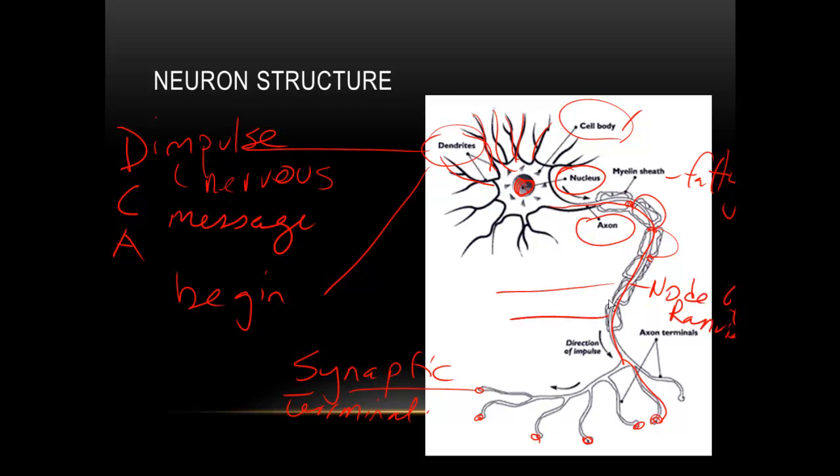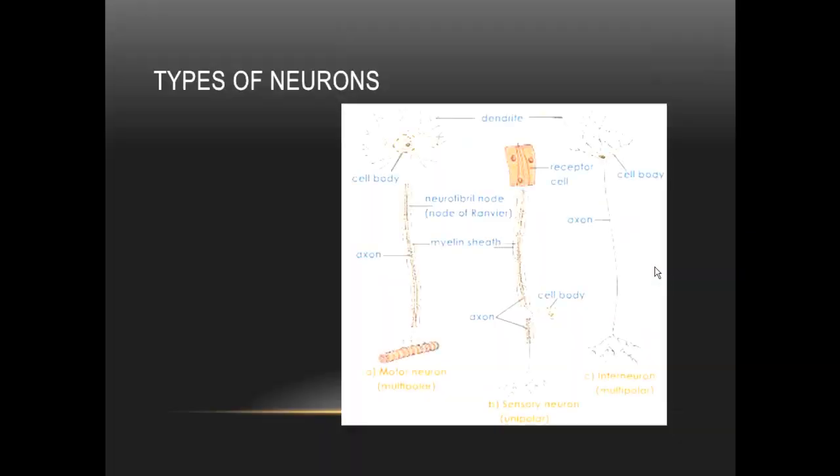And the cells that wrap around the long portion of the neuron are going to be called Schwann cells. They are the cells that are going to release this fatty covering, the myelin sheath. So this entire covering would be the myelin sheath. This would be one Schwann cell, and these little openings where the Schwann cells don't quite cover the axon would be called the nodes of Ranvier.